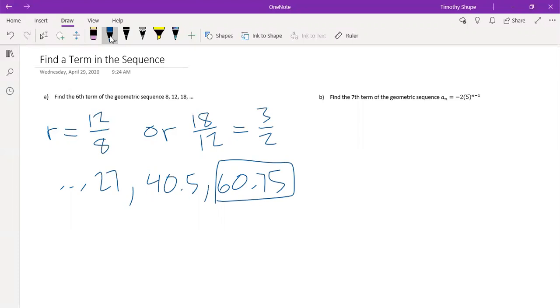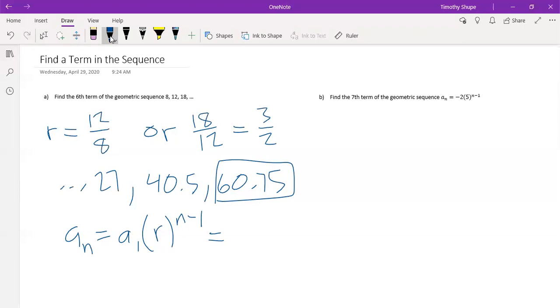So another way we can do this is we can use our general form of a sub n equals the first term, a1, multiplied by the ratio to the n minus 1 to help us out here. So if I want to get to the sixth term, I'm just going to plug in a 6.